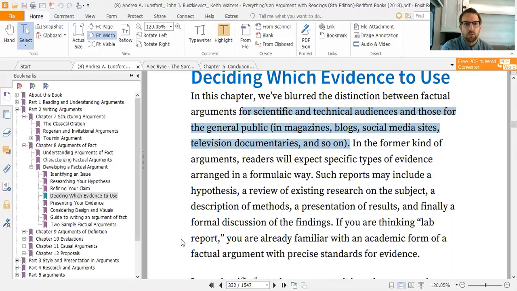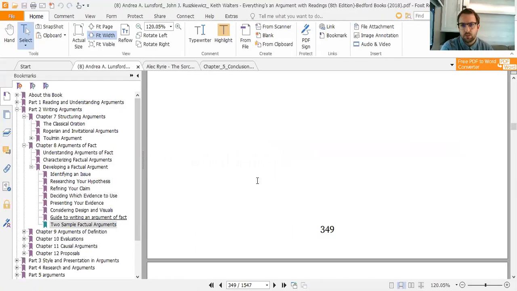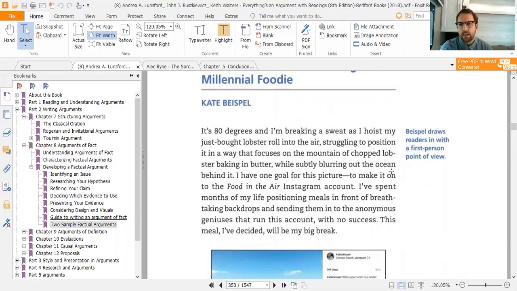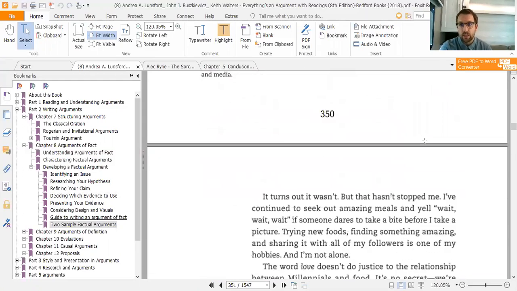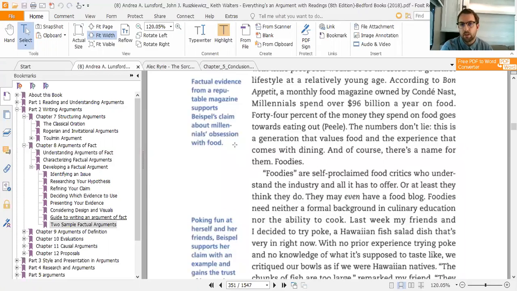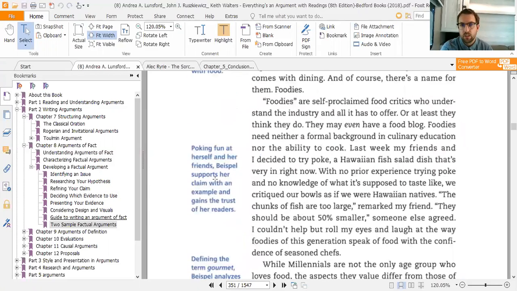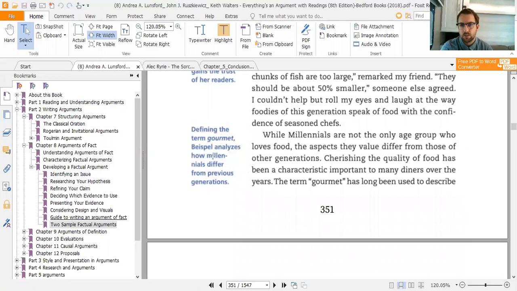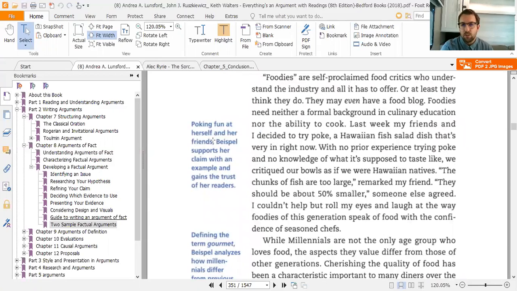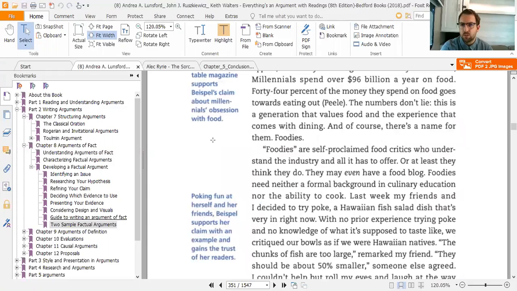So when you read the examples at the end of the chapter, they start to describe the ways in which these arguments are constructed. They give annotations, talking about the types of factual evidence that are used, and then the ethos that's used, so what type of credibility is constructed by the authors in the examples. It would be confusing why they're coming to those conclusions if you hadn't read the previous sections.